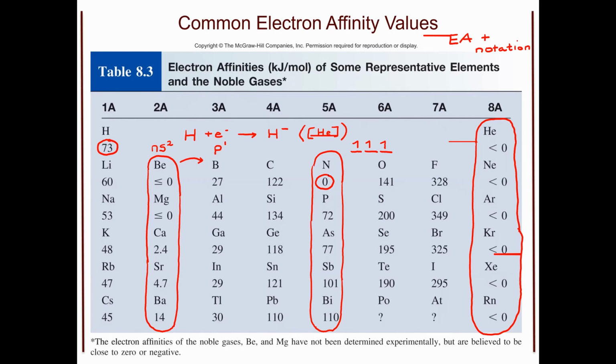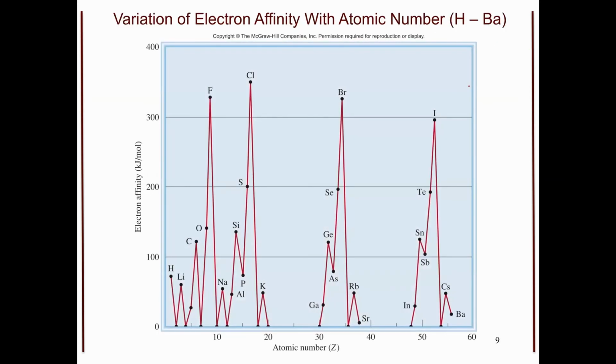Another trend that you want to see very quickly is noticing that as you go down the periodic table inside of your families, historically you are going to get less electron affinity because the electrons are getting further away and you have a reduced effective nuclear charge. Here is our electron affinity. You will notice that in our normal trend, you see fluorine, you see chlorine, you see bromine, and finally, you will see iodine.